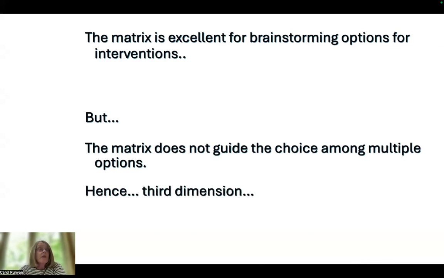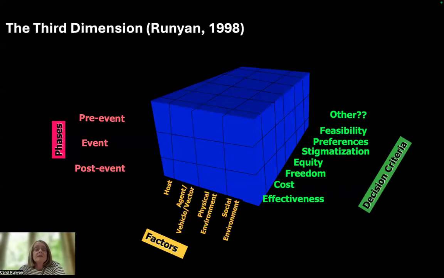So that's where the third dimension comes in. I developed this third dimension growing out of training I had in policy analysis. What you see here on the front face of this three-dimensional matrix, cube, whatever, some people have called this Carroll's cube, is the pre-event, event, and post-event phases, as you saw in the matrix, and then the factors that you saw in the matrix.